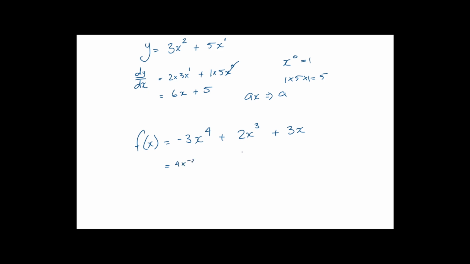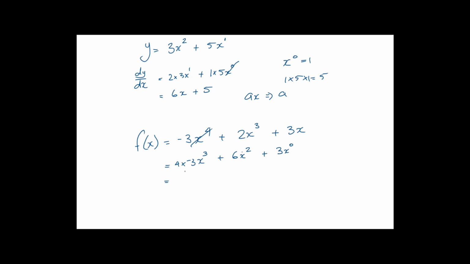4 times negative 3, x to the power of 4 minus 1 is 3. That's that term done. Plus 2 times 3 is 6x. 3 minus 1 is 2. And then the x is by itself, so it's just going to become a 3, if you want, 3x to the power of 0.